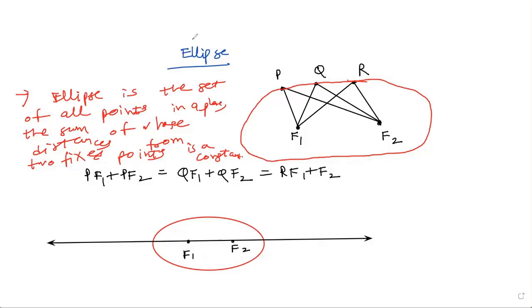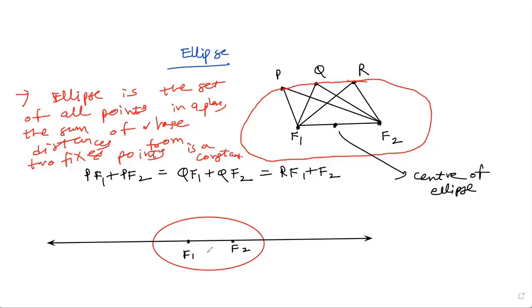Now if I join the two fixed points that were given initially, then the midpoint of this line segment is called the center of the ellipse. Be very clear about it.